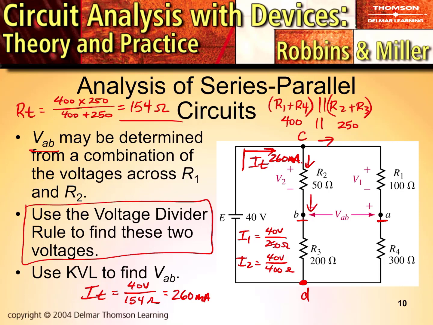So the first one is 160 milliamps. The second one is 100 milliamps. You can see the two of them add together to give you 260, confirming Kirchhoff's current law.